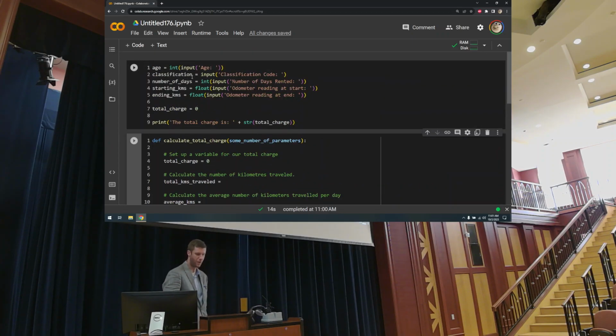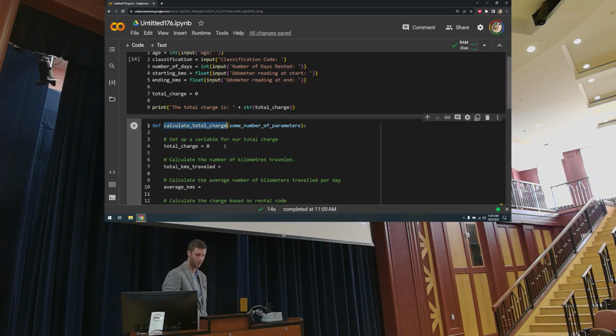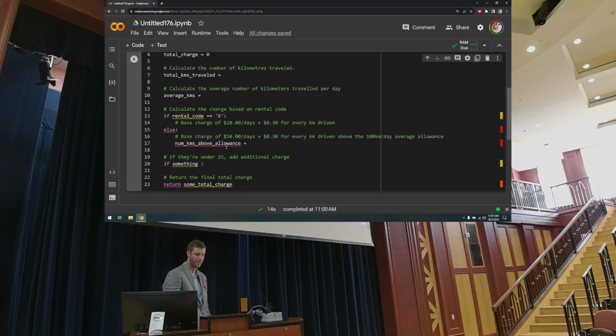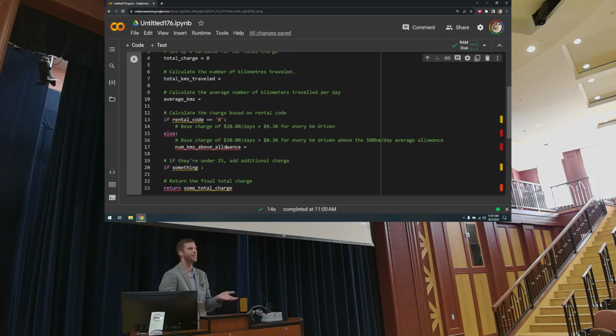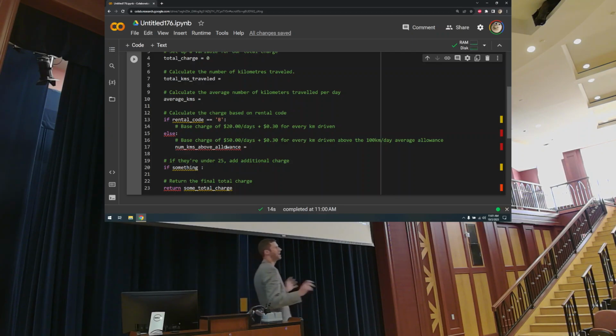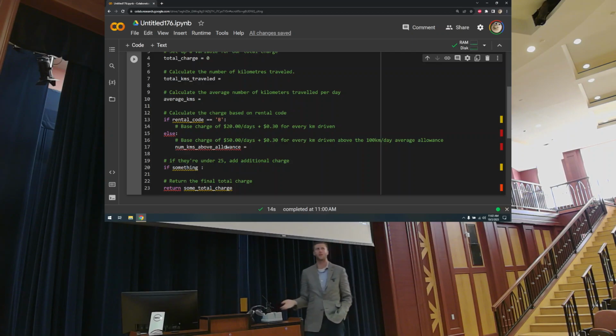I want to give this function all of this data, and I want to get back the total charge. So I'm going to write a function called calculate total charge. And this is obviously not correct. This is obviously not done. It might not even be a good layout, but I just wanted to come up with a layout to break down the bits I'm going to need to know. So first, we'll start with, well, their total charge is 0 because they haven't done anything. I'm going to want to know how many kilometers they traveled.